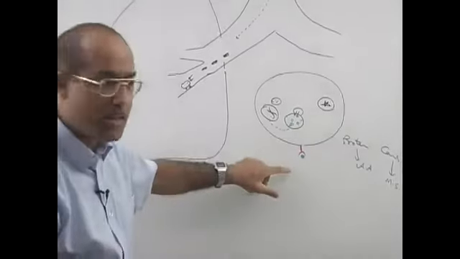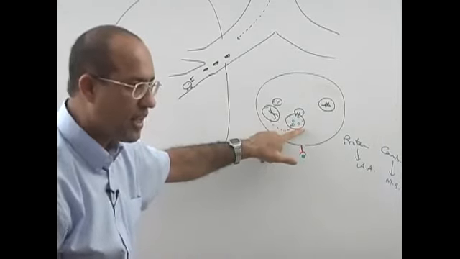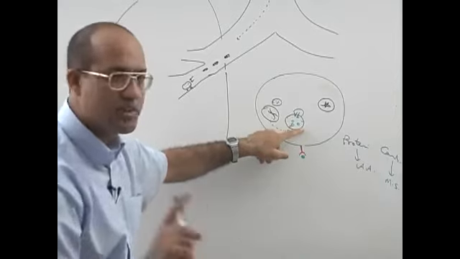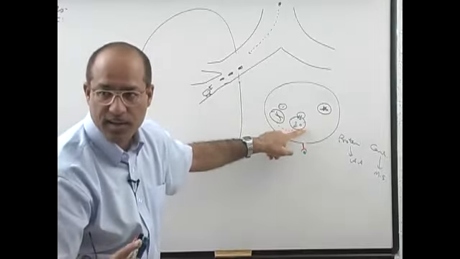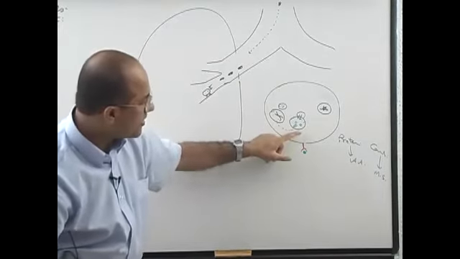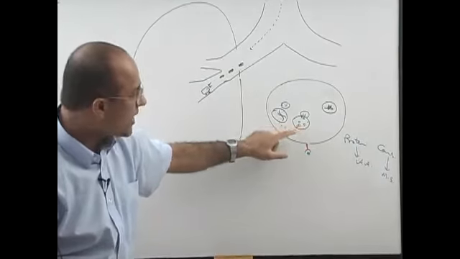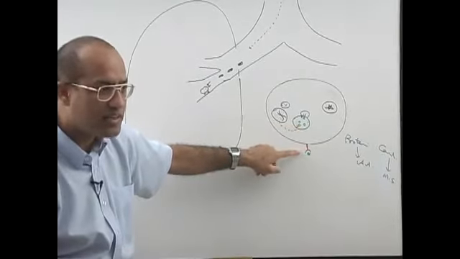Normally what should happen? Pollen should be taken by the macrophage and completely destroyed. But the person who is going to develop an allergic reaction, what is the unfortunate thing? That person will take the antigen of the pollen, bind it with a special type of molecule and express it on the surface.